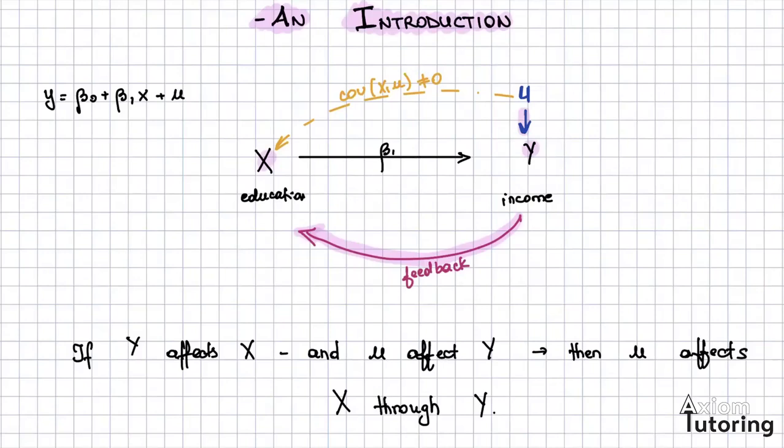So there is now this indirect connection between U and X, and that connection is the source of the endogeneity. And this is also the key logical step. The feedback loop that has been created now has this back channel between U and X that OLS unfortunately cannot see or cannot account for.